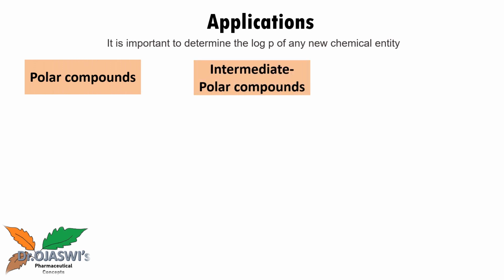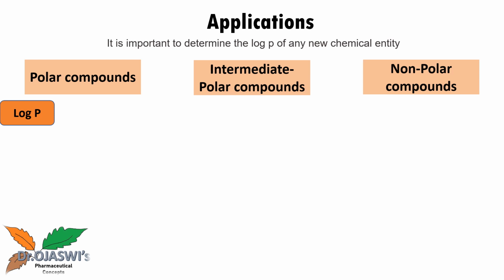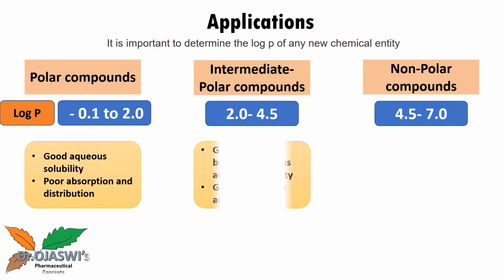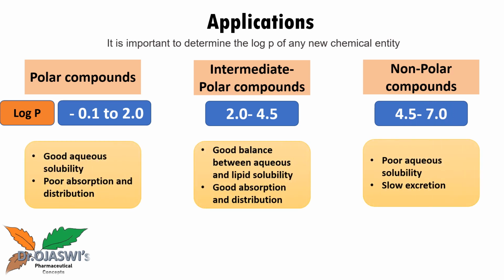Log P is important because we generally differentiate drugs based on polarity, non-polarity and intermediate polarity, so these are the ranges of log P values under these categories. The intermediate polar compounds, which generally have a log P range of 2 to 4.5, have a good balance between aqueous and lipid solubility, and they show a good absorption and distribution profile.